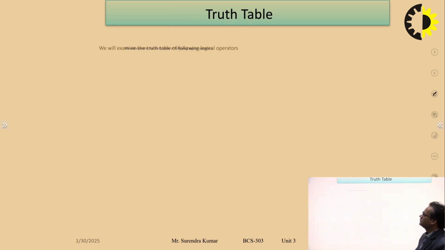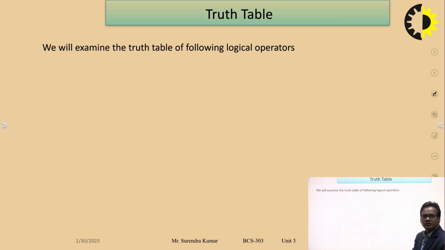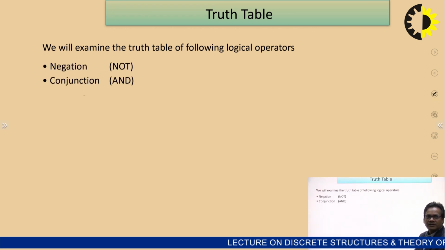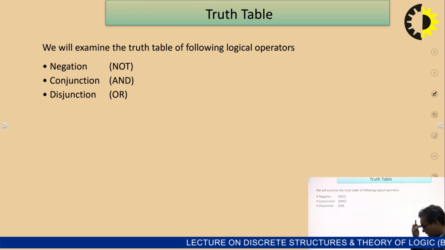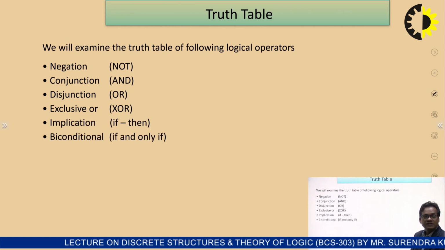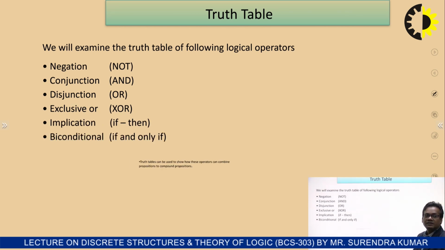Now, what is a truth table? A truth table is basically used to examine logical operations with the help of these operators: negation, conjunction, disjunction, exclusive or, implication, biconditional.